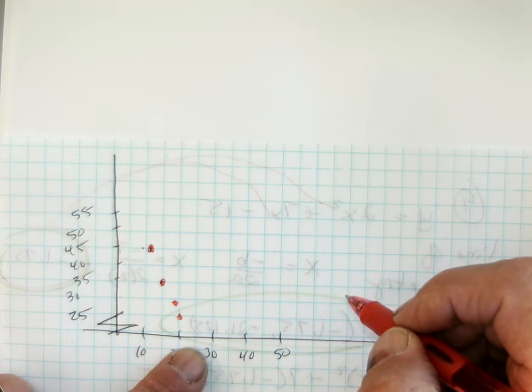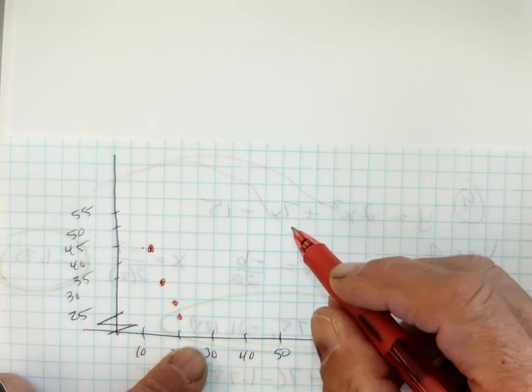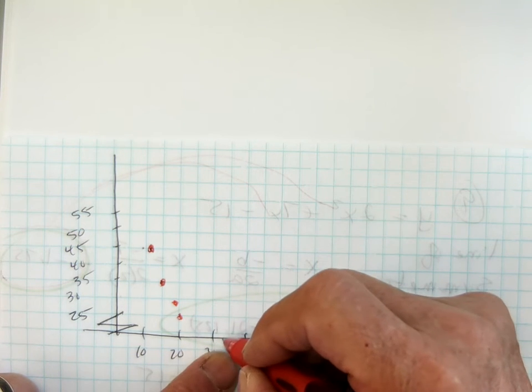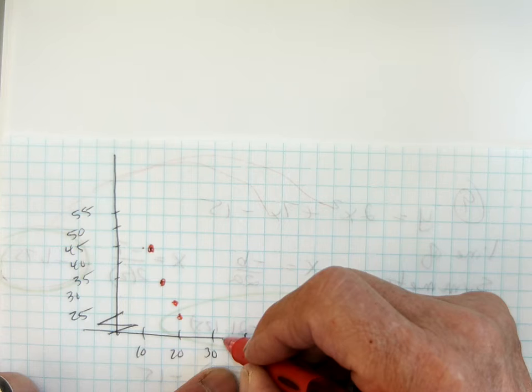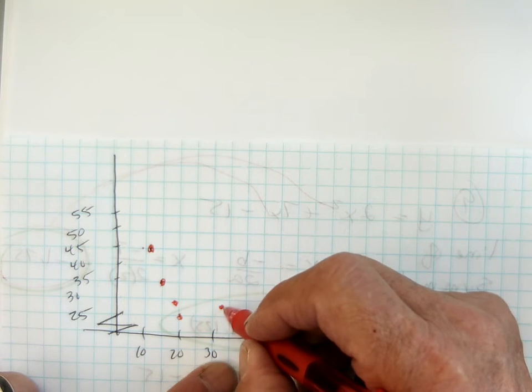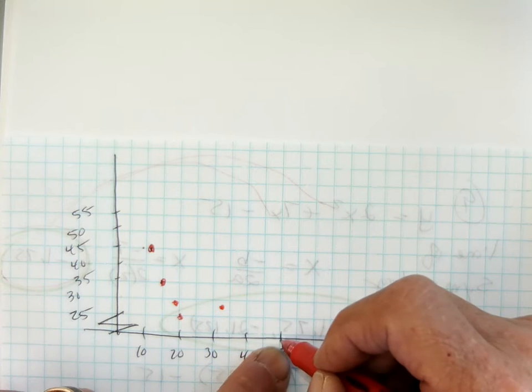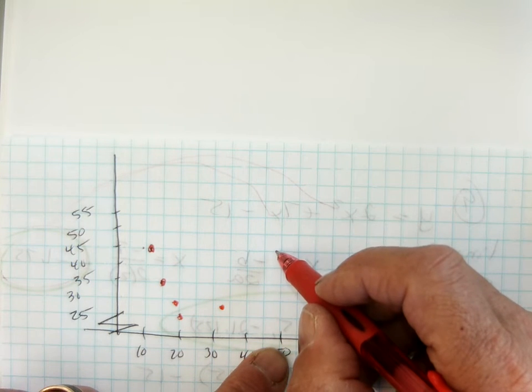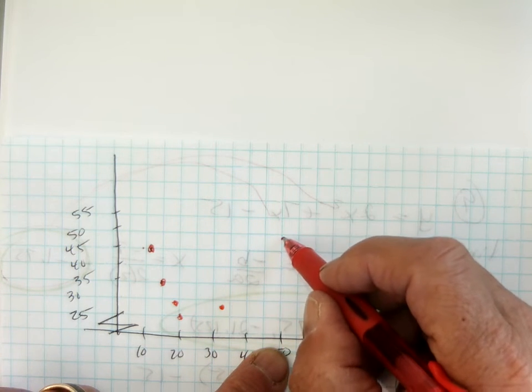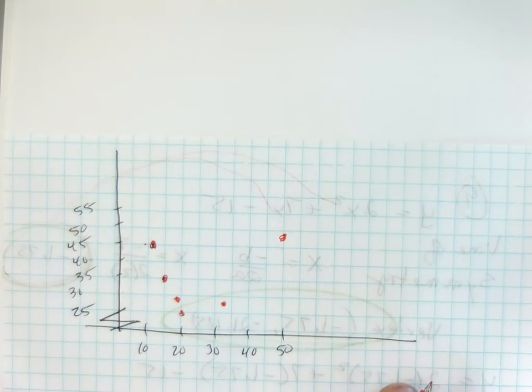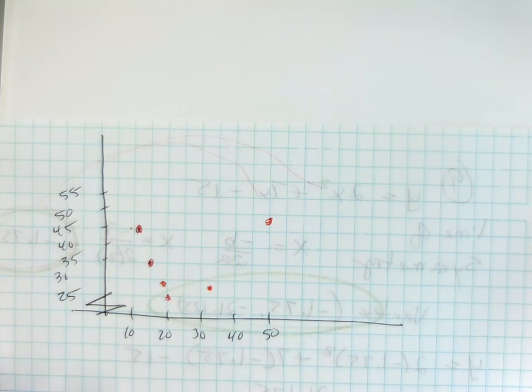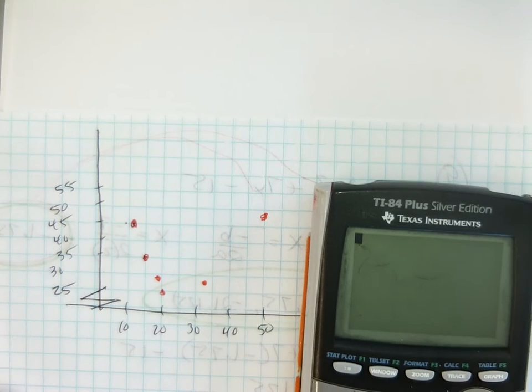I think you ran 24. Yep. 34 and 32. And age 50 and about 49. Okay. Now, there could be a parabola, right?